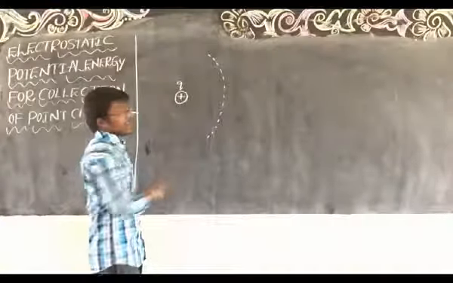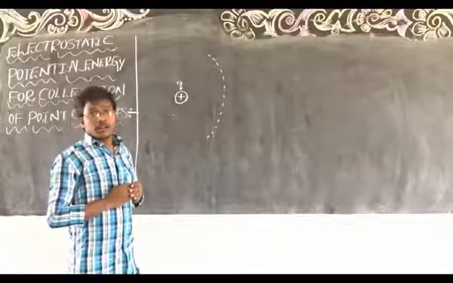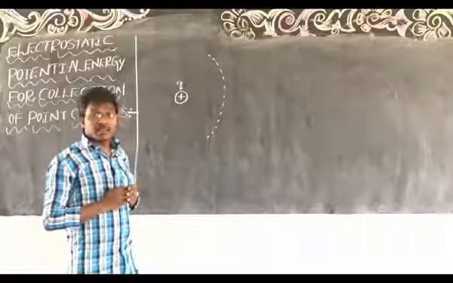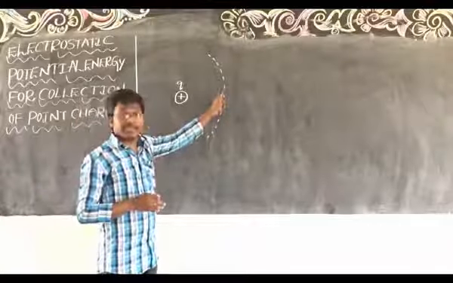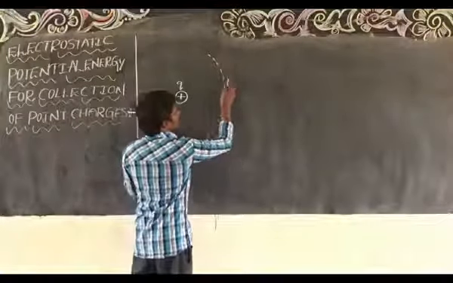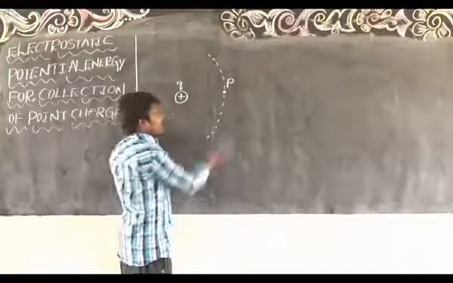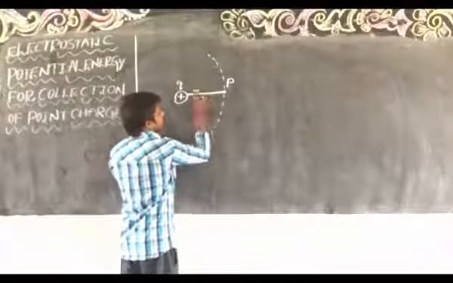Around this region it will create some electric field. Now, let P be a point placed in the region of the electric field. This is the point P, and the distance between the charge and the point is r.